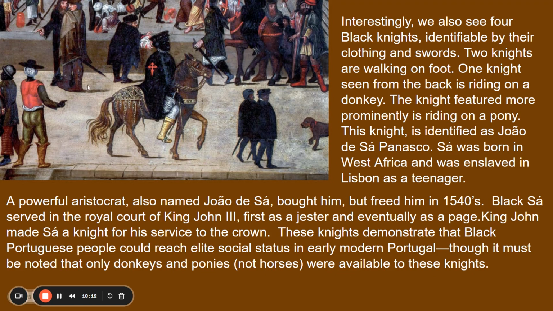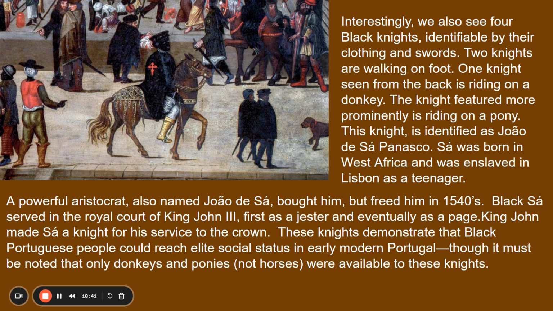But then a really interesting part of the painting, which is almost like a juxtaposition of what we've been discussing here with the Black Portuguese, is we do see four Black knights. They're identifiable by their attire, by their clothing, and also they have swords, they have emblems that represent their knighthood.